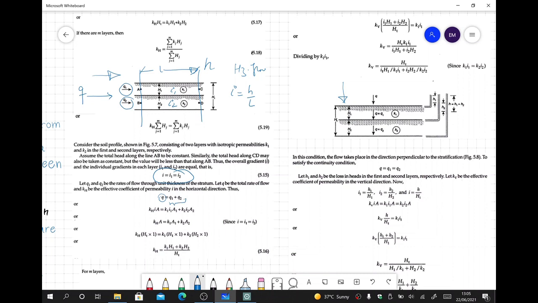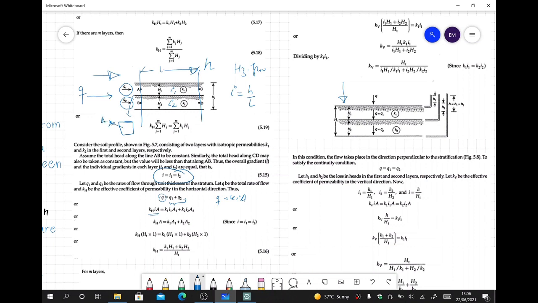So we know that Q is equal to KIA. Plug in the values. So Q is equal to the horizontal permeability into the hydraulic gradient into the area of flow. In this case, what is the area? If I draw it in 2D, this is the area of flow.